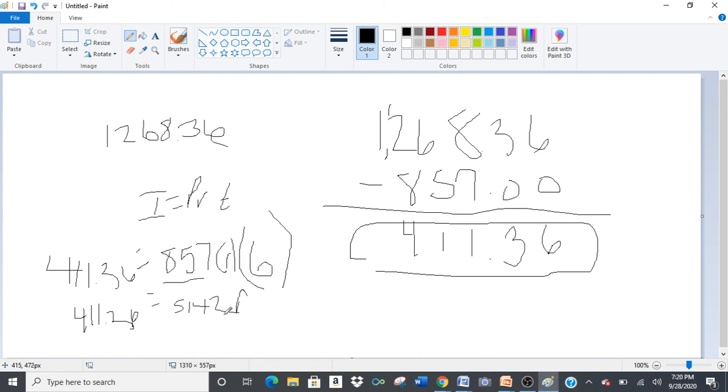So this is basically a coefficient, right? So we have to divide. So then we divide 411.36 by 5,142. And we get 0.08, which translates to 8%.